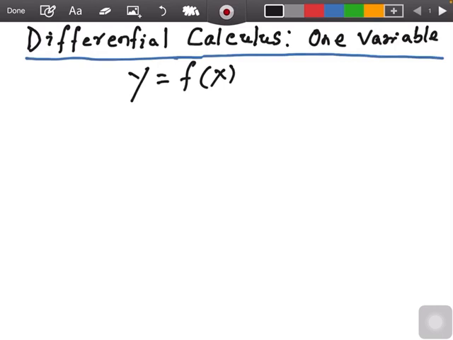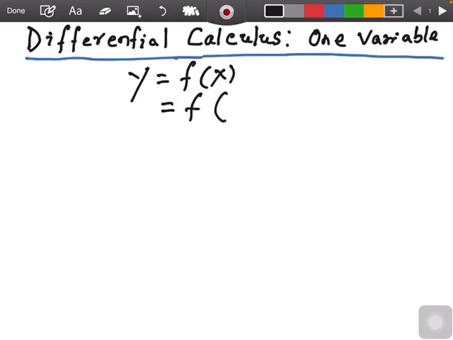When there is a change in x, how much change will there be in y? So that is your calculation of derivative. Derivative of y with respect to x.